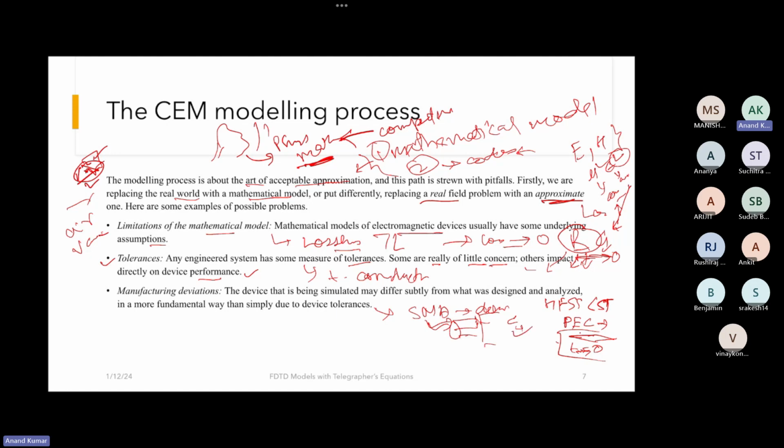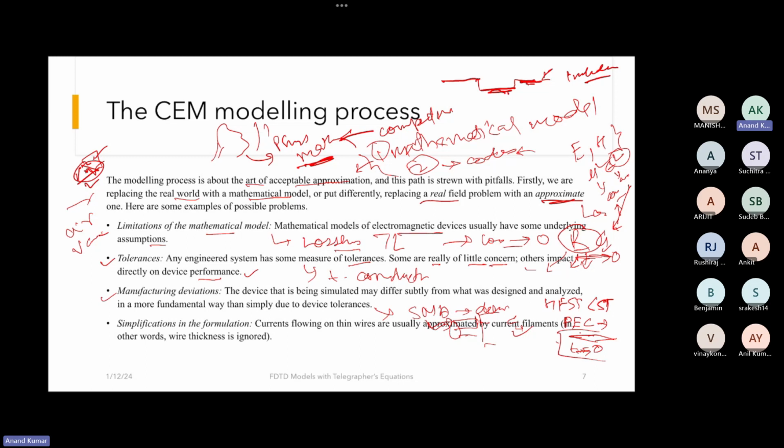So these could be manufacturing deviations. And for example, if you're trying to fabricate a device which has very thin lines, and they become unequal at some places, this could lead to impedance mismatch. So these things come under the manufacturing deviations.